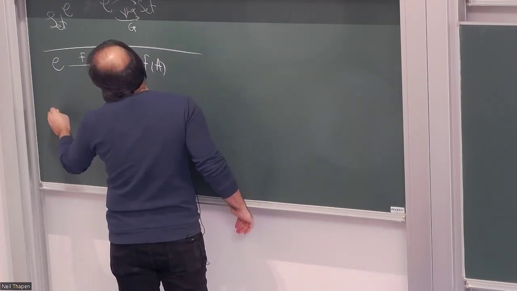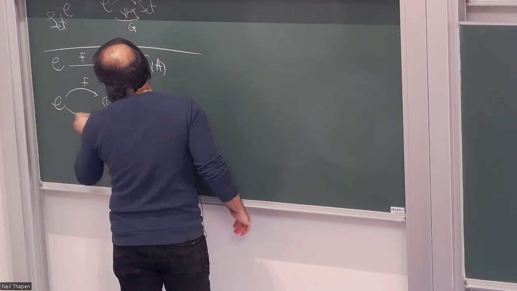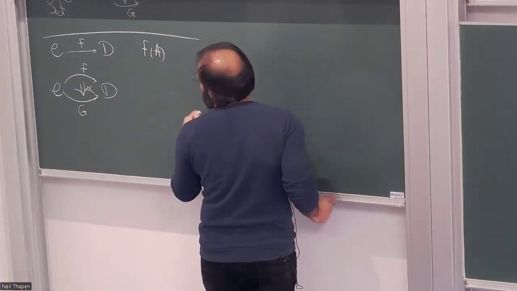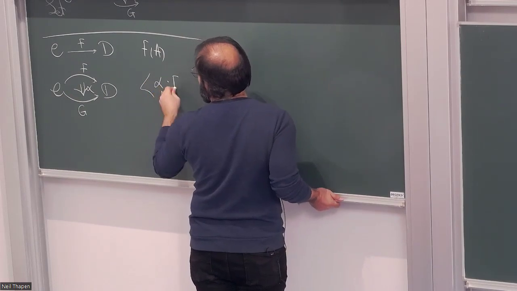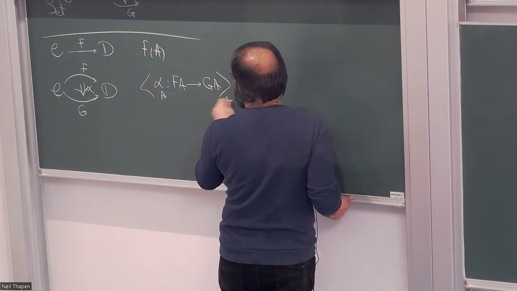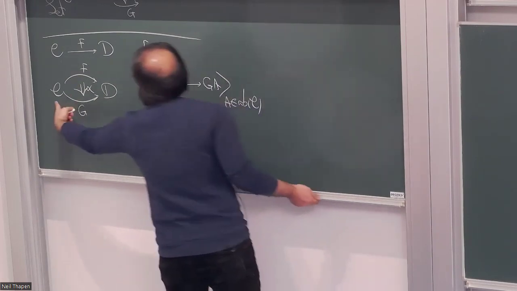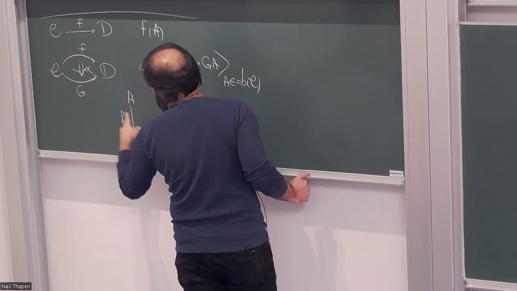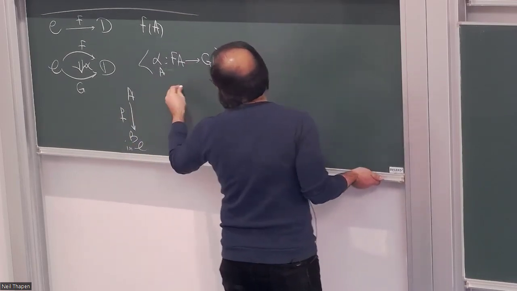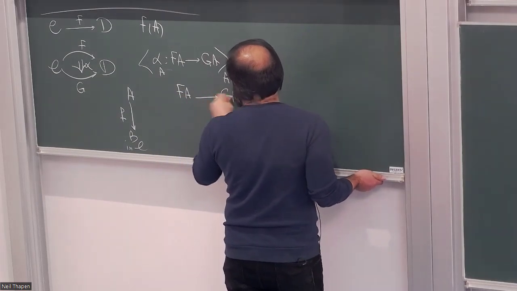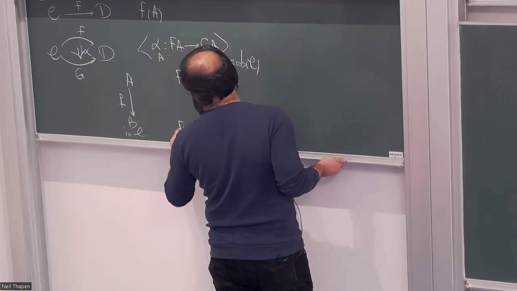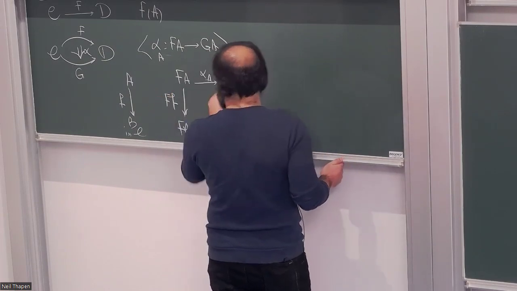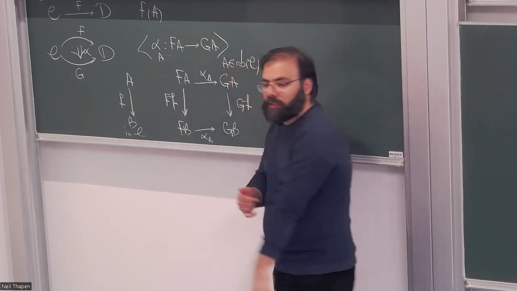Then we had natural transformations. If you have 2 functors F and G from a fixed C to D, then by a natural transformation, formally, I meant a sequence of maps from F(A) to G(A) for any object A in C, such that for any f in C, from A to B, the square with F(f) and G(f) is commutative.